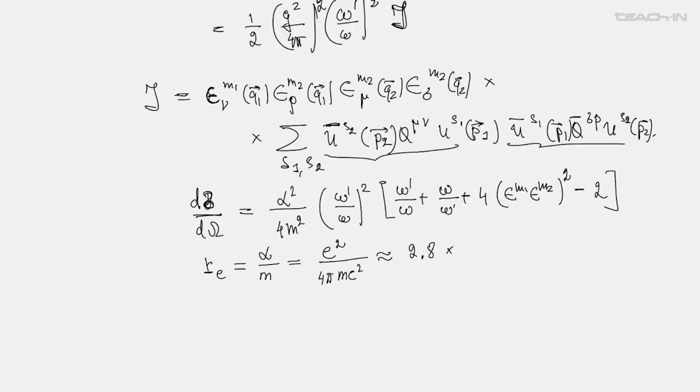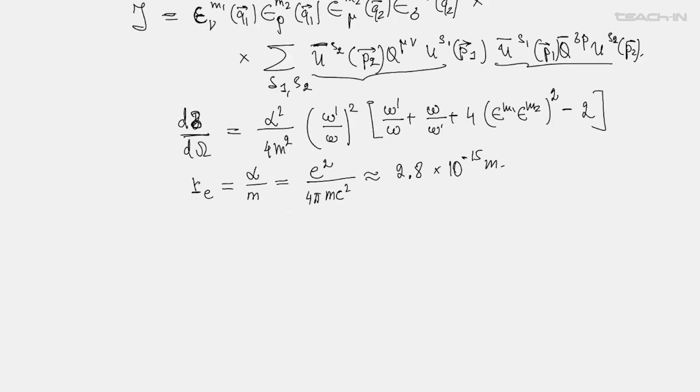So this quantity is called the classical radius of the electron. It would arise from an assumption that the rest mass of the electron is totally due to its own electrostatic energy. So the mass m c squared of the electron is due to its electrostatic energy, e squared divided by the classical radius of the electron. And this quantity, in fact, enters this formula here.